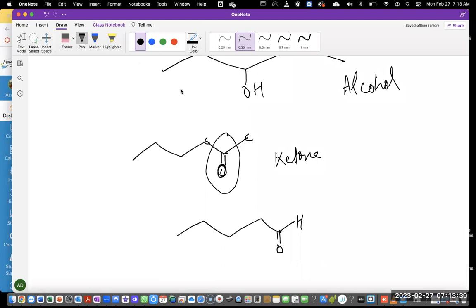Here, even if I don't draw the carbon, when I just draw an empty line like that, we assume that's a carbon, right? Each starting point, end point, intersection point of these lines is a carbon. But here, when I say hydrogen, then I'm trying to say this is not a carbon, but a hydrogen, okay? So guys, try to guess what the answer is. When you have the C double bond O sitting at the very edge, at the end, this guy is an aldehyde.